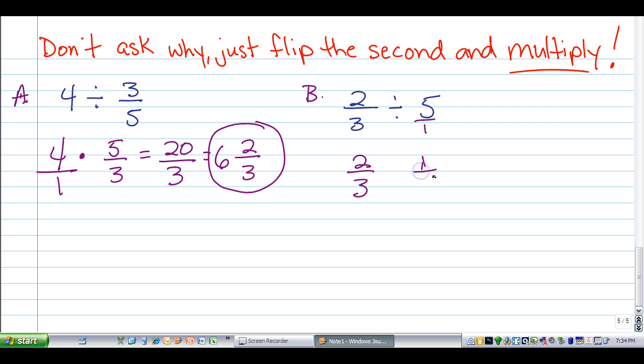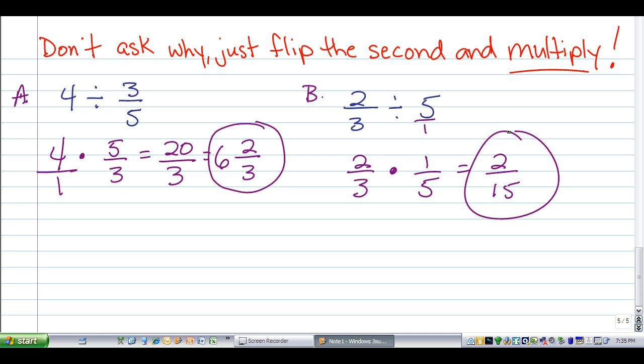So this becomes 1/5, and I multiply. Multiply across. 2 times 1 is 2. 3 times 5 is 15. Well, it's a proper fraction, that's good. And is it in simplest form? Yes.